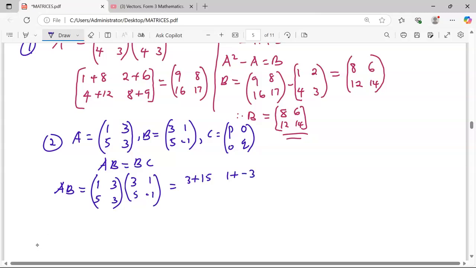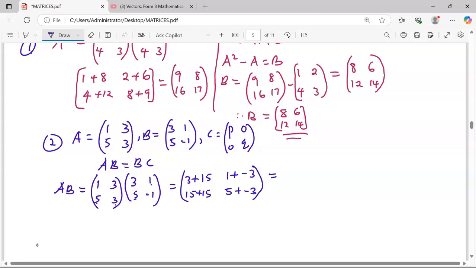Next, we move down. 5 times 3, you get 15, plus 3 times 5 will give us again 15. Then we move further. We are going to have 5 multiplied by 1, which is 5 positive, then plus 3 times negative 1, giving us negative 3.